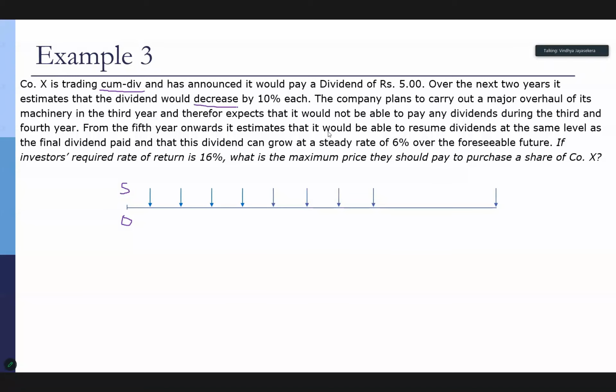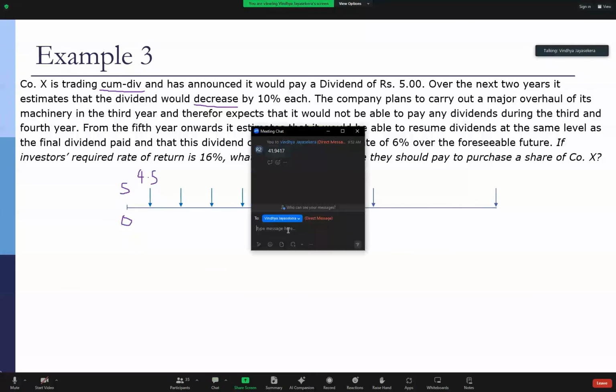So this 5 rupees goes down, you have to take 90% of 5 rupees, to 4.5 rupees. And again, 90% in the second year. So in the first year, you get 4.5 rupee dividend. In the second year, you get 4.05 rupee dividend.